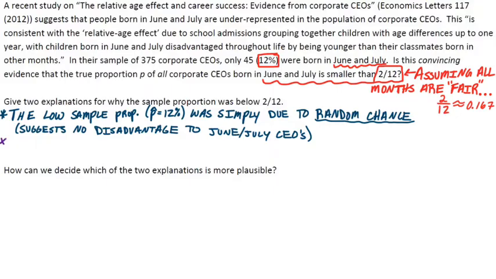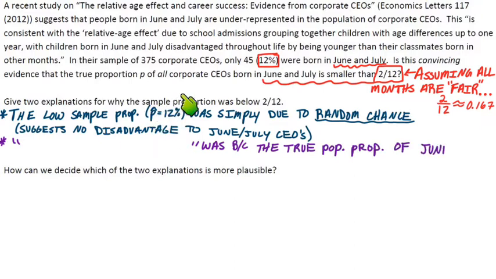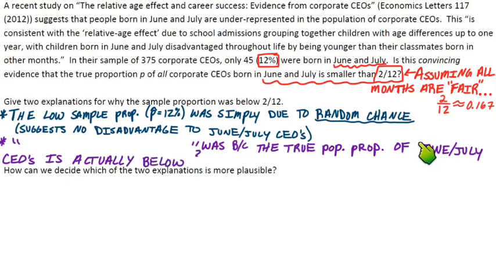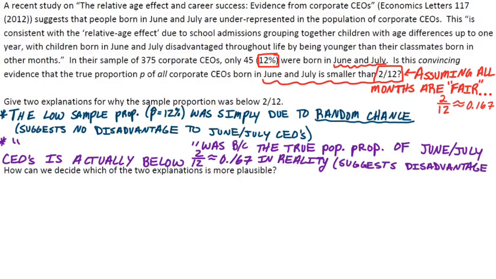The other side of the argument says, well, that's just too convincing, right? That low sample proportion was because the actual population proportion is below 2 out of 12. So the other side of that argument says, look, this really isn't fair, right? That sample proportion is so low, you can't expect me to believe that the true population proportion is 0.167. So that side of the coin suggests there is a disadvantage to CEOs in this case.